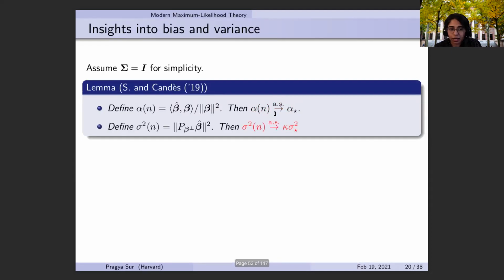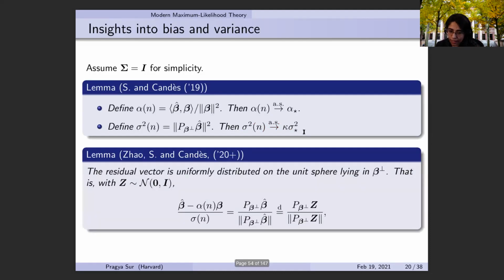The sigma star also has an interpretation. If you take the MLE and take its projection in the space orthogonal to beta and look at the corresponding norm squared, then that's related to the sigma star.